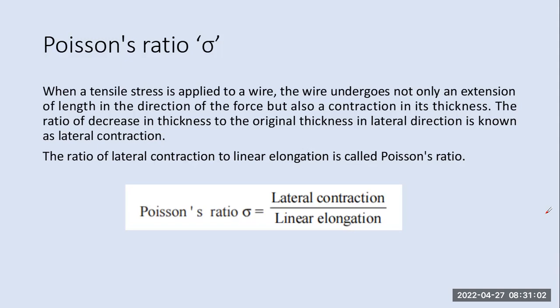The ratio of decrease in thickness to its original thickness in the lateral direction is known as lateral contraction. The ratio of lateral contraction to linear elongation is called Poisson's ratio. So our Poisson's ratio or sigma is equal to lateral contraction over linear elongation.